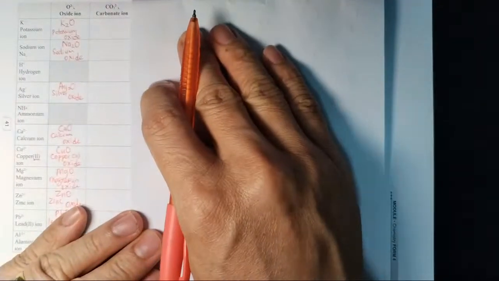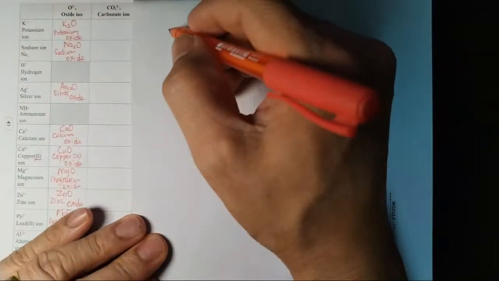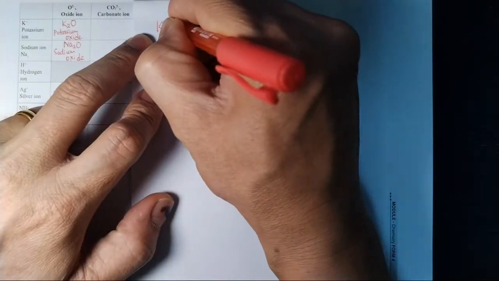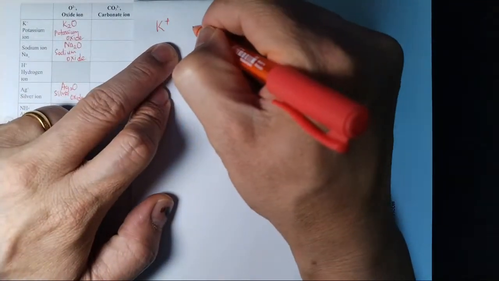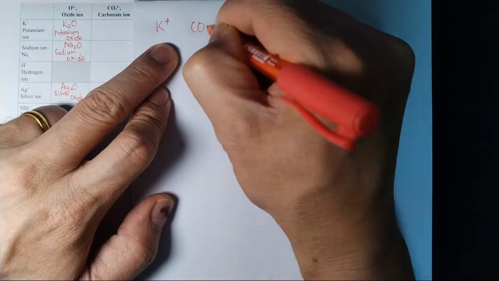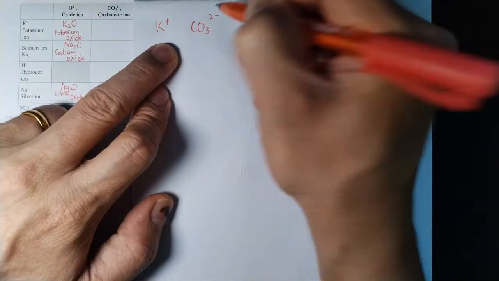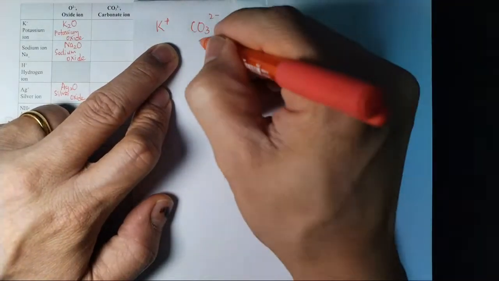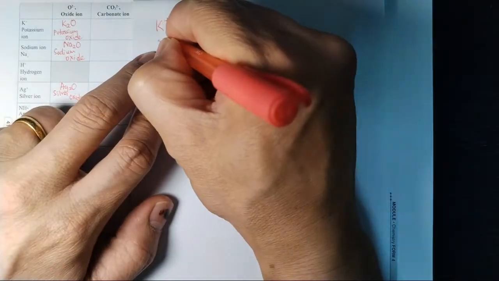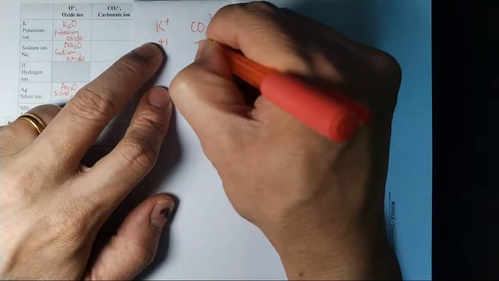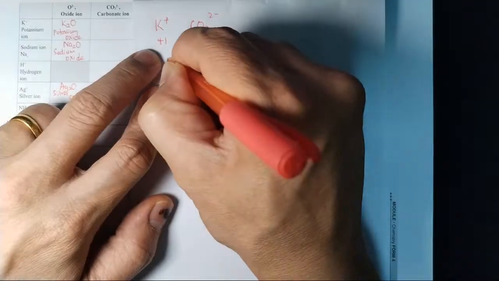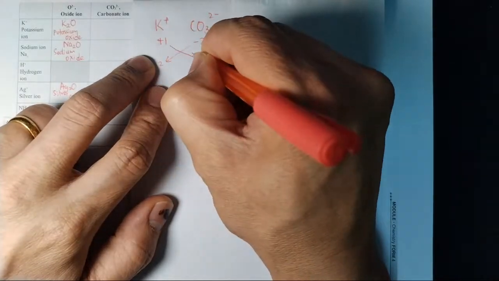Then this one is potassium with the carbonate. So potassium carbonate. Potassium K positive. Carbonate, so be careful. CO3 2 negative. CO3, this number you cannot change. So you take down positive 1, this one negative 2. So interchange, 2, this one 1.